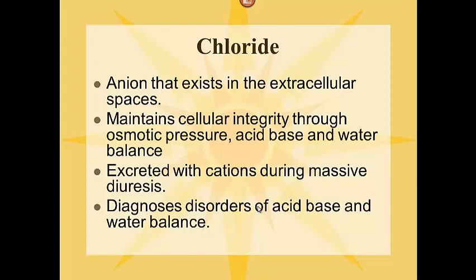Remember, this is the anion that exists in the extracellular space, maintains cellular integrity, contributes to osmotic pressure, the same as sodium, and it's excreted in massive amounts during diuresis. So anytime you have a condition that depletes water balance, chloride goes with sodium as well. So again, all the causes discussed for hypo and hypernatremia will contribute to loss of chloride.